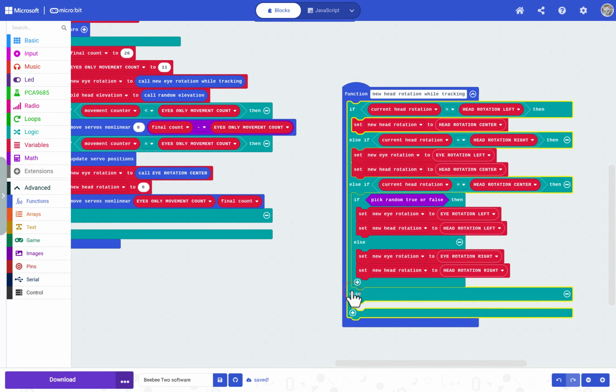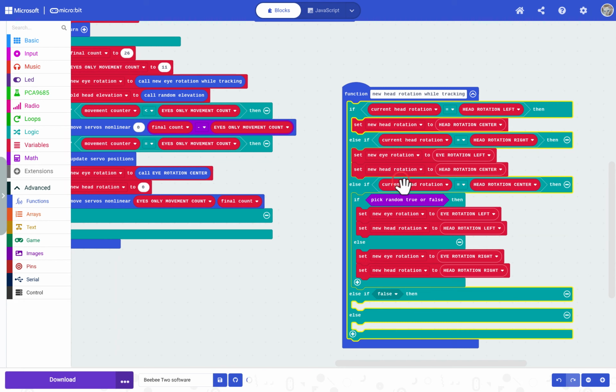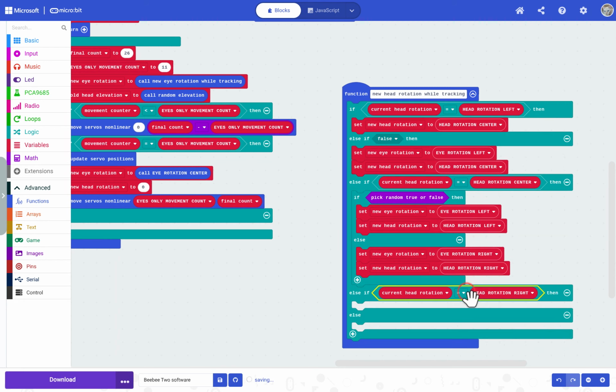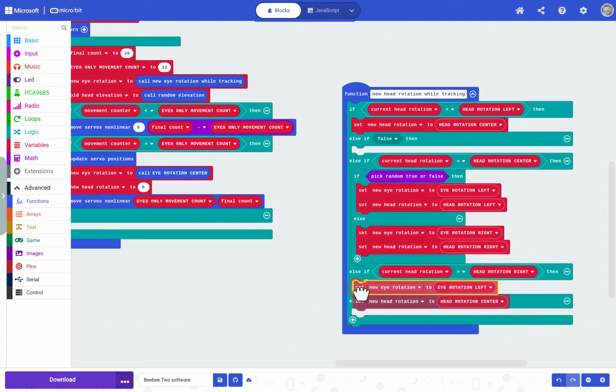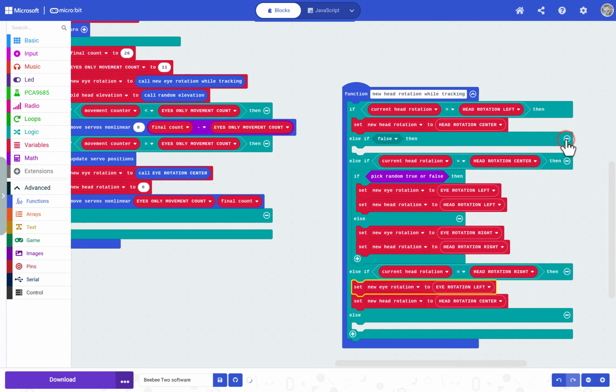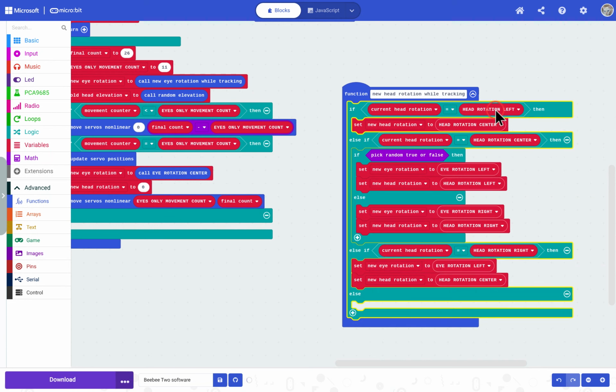Again, let's stick these so that it's left, center, and then right, in some kind of an order. Okay, left, center, right.